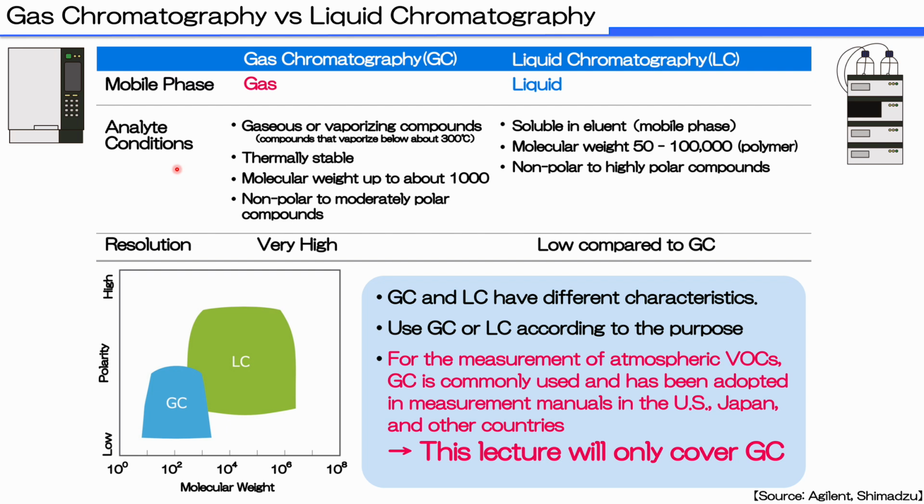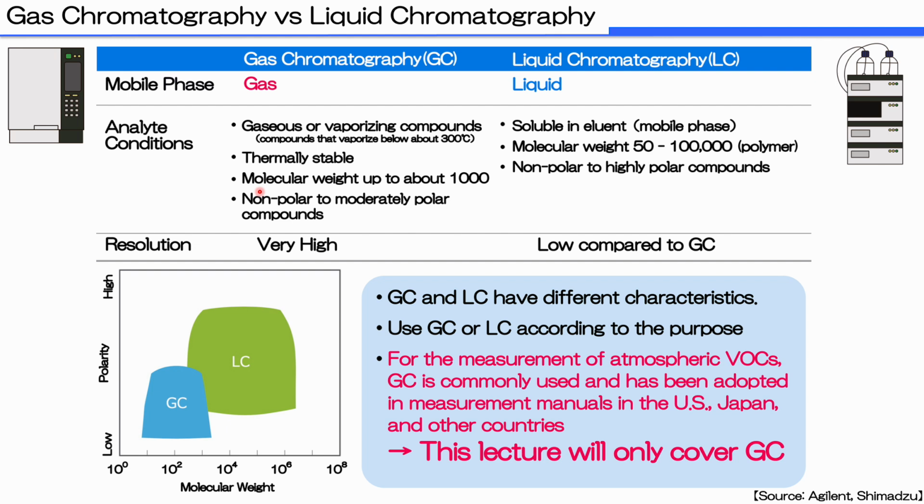The analytical condition required for GC analysis is that the analyte needs to be gaseous or vaporizing compounds. In general, compounds that vaporize below about 300 degrees Celsius. And since GC applies temperature, the analyte must be thermally stable.